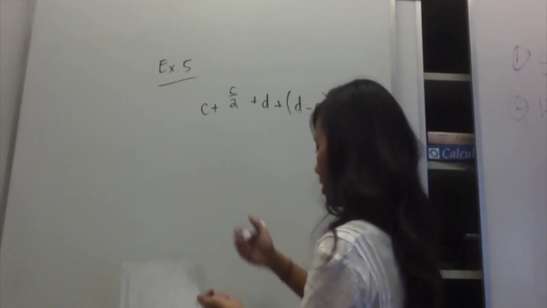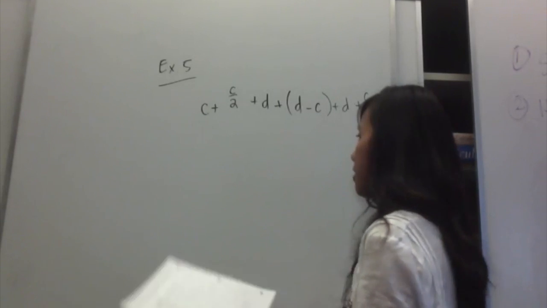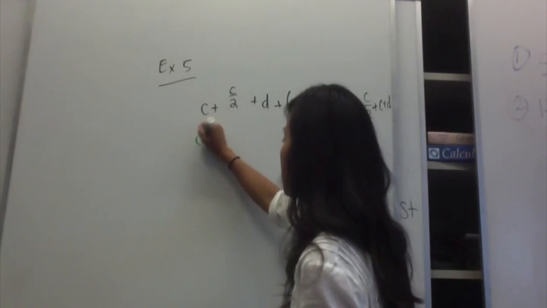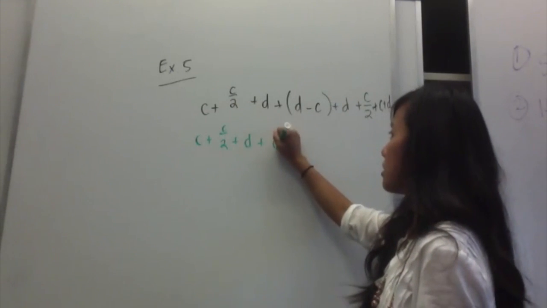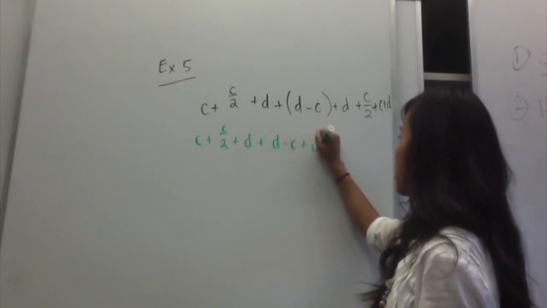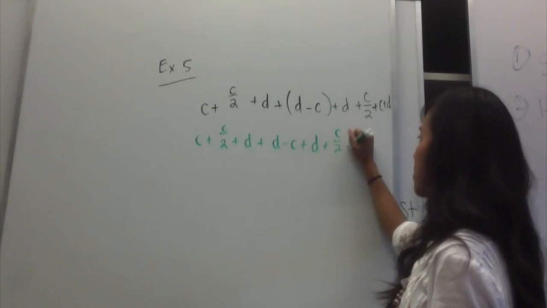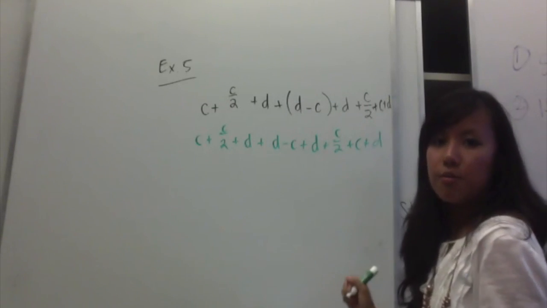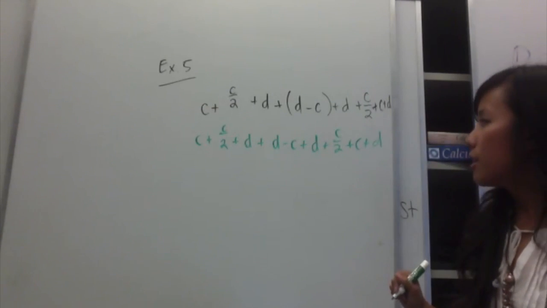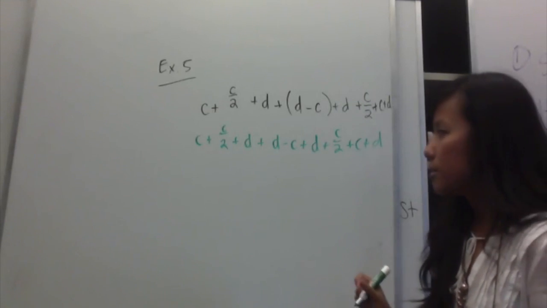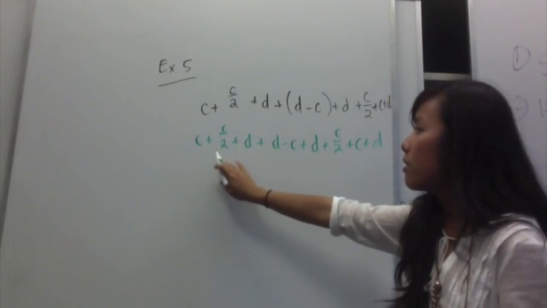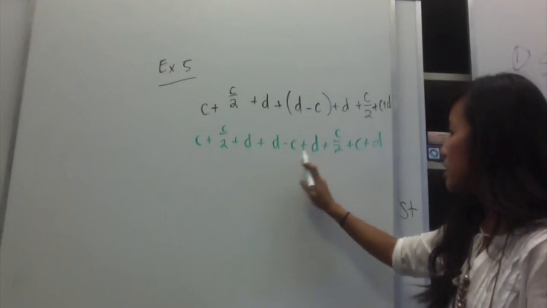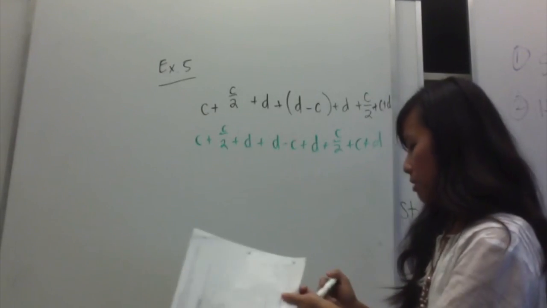So we're going to rewrite it as C plus C over 2 plus D plus D minus C plus D plus C over 2. I'm just rewriting. Nothing really new. And then let's find all the C's. We've got C. I know we have C here, but let's just leave that for now. C plus minus C plus C.